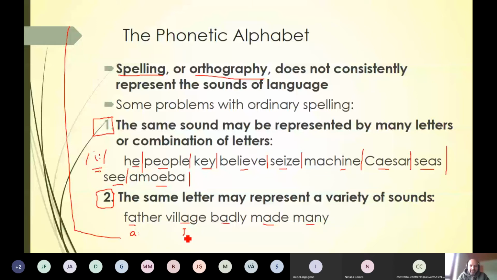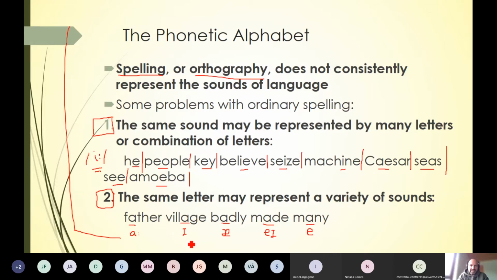When we're saying badly, we're using a trap vowel. When we're saying made, we're using a diphthong. And when we're saying many, we're using a monophthong. So that's another problem. We have the same letter, but a variety of phonemes representing that letter. Again, the same spelling, but a different combination of sounds.